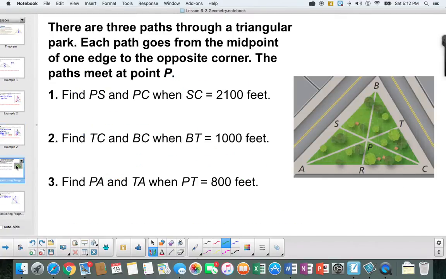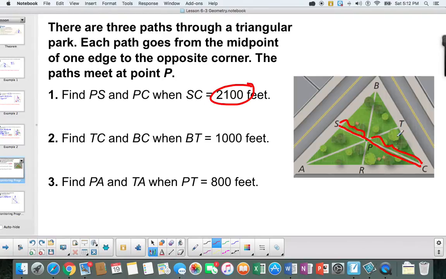All right, let's take a look at this. This is also a centroid, and we want to figure out these paths. So SC right here, this whole length right here, is 2,100 feet. And we want to figure out PS and PC.